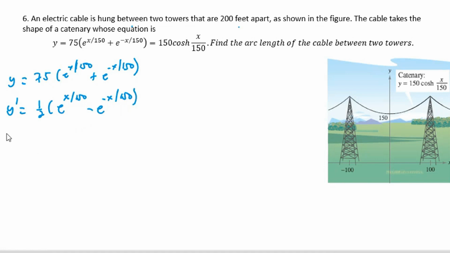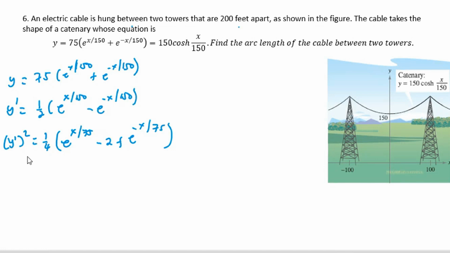Taking the square of this derivative, the square of the right side becomes 1/4 times e raised to x over 75 minus 2 plus e raised to negative x over 75. What we did is we just squared the binomial and squared the coefficient.